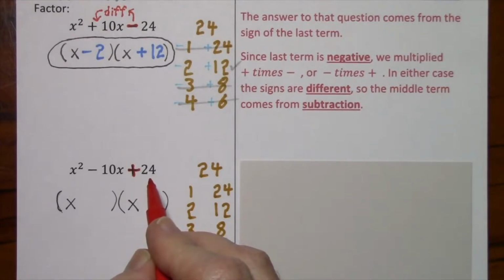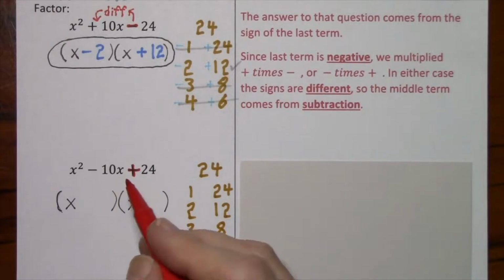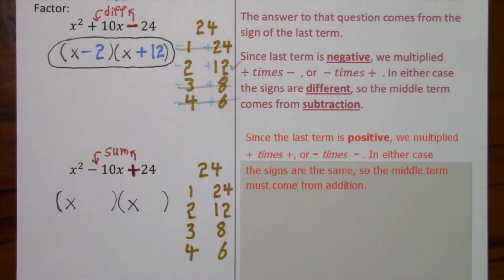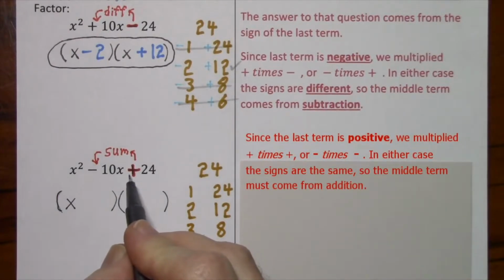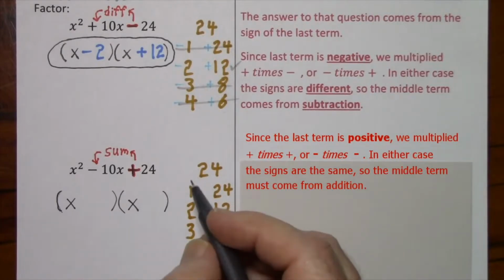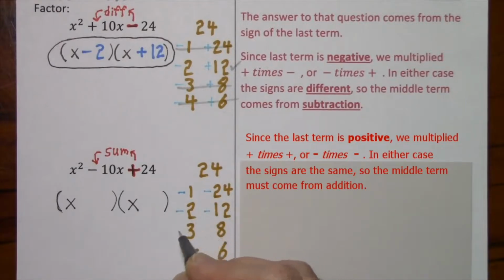In either case, the signs are the same, so the middle term must come from addition. So if we want to add and get a negative value, both numbers must be negative, whichever factor pair we choose.